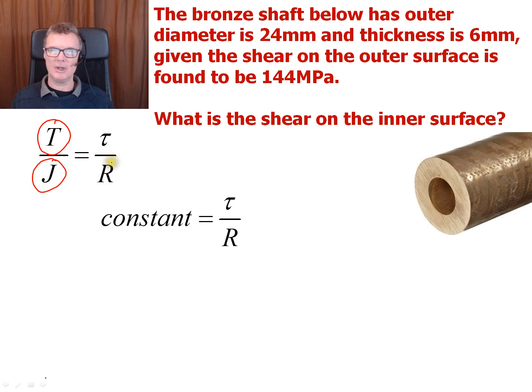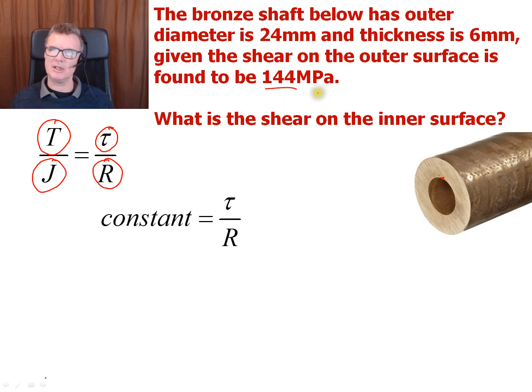So what I said then was that if the outer shear is going to be found by this amount here, this 144, all I need to do now is scale down what the shear is going to be at this point here by the R term.